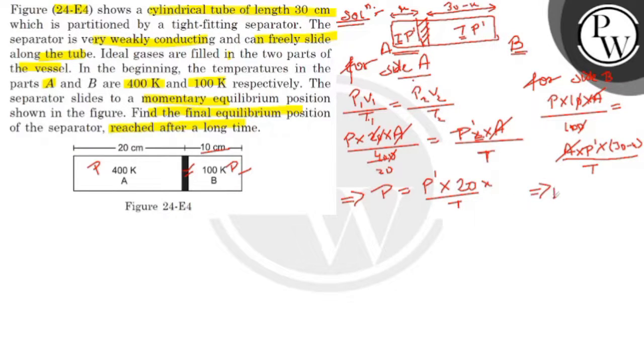Here you get the equation P is equal to P dash into 30 minus x into 10 divided by T. Both are having the value of P.